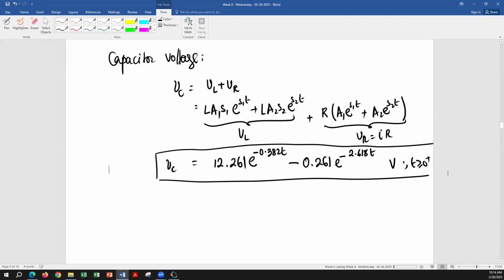All right, guys, any question about this? Once again, remember, irrespective of what type of damping you have, your procedure is still the same. The shape of the equation will be different. Underdamped, of course, is going to be e to the power st times A1 cosine omega d t plus A2 sine omega d t. But the process that you follow to find A1 and A2 is still the same.